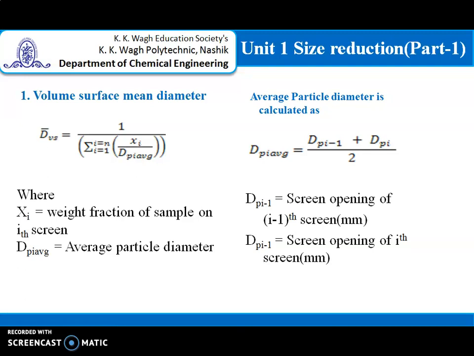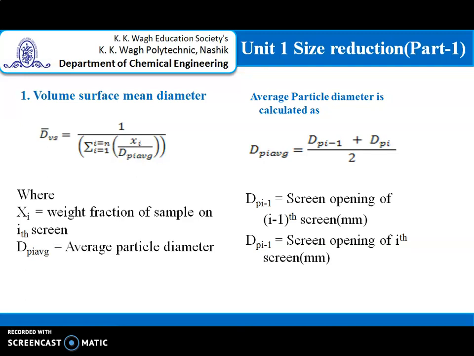Now again, why is it necessary to explain or to determine the average size of the particles? Because it is our regular experience that whenever we do size reduction, we never get particles of regular shape and size.